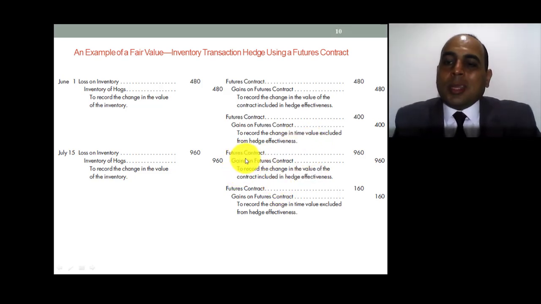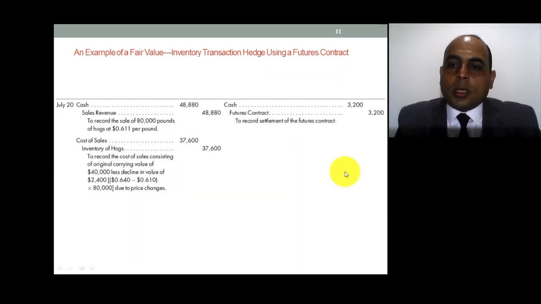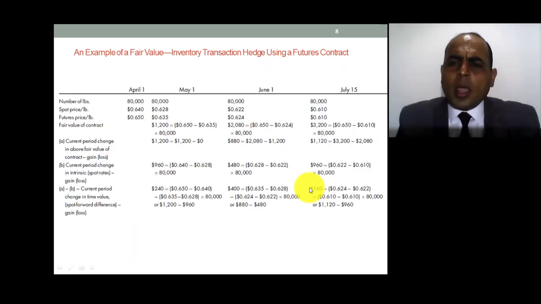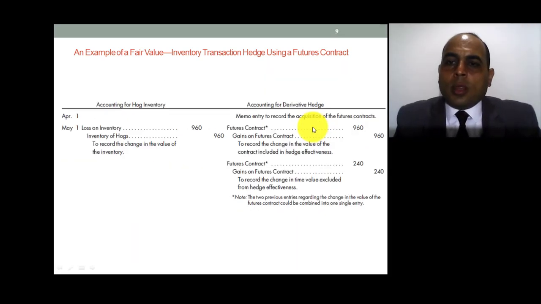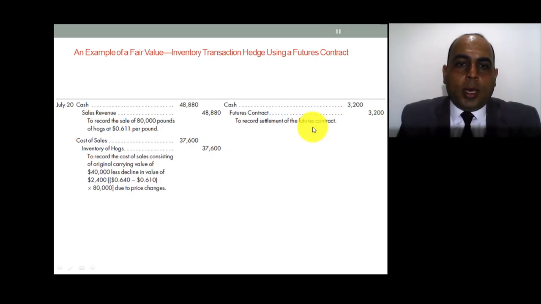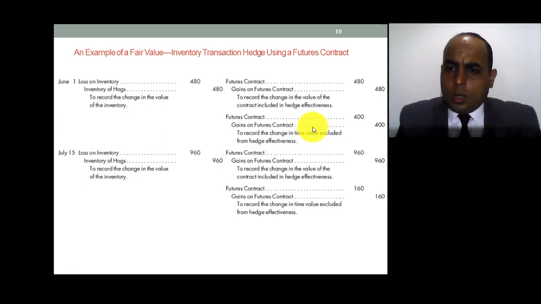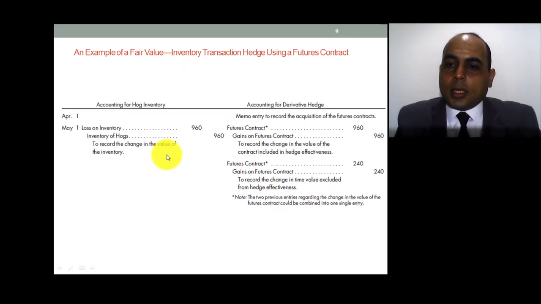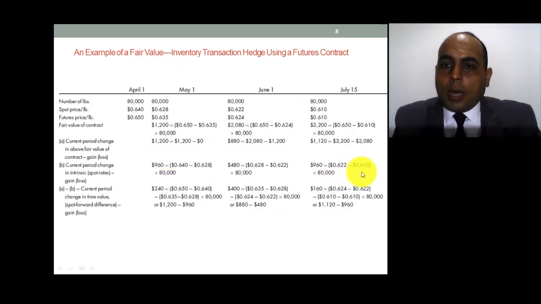Future contract debited by 1,120. Gain on a future contract credited by 1,120. And also you have to calculate the amount of loss on inventory, 960. Here we are talking about the difference from here to here, 622.